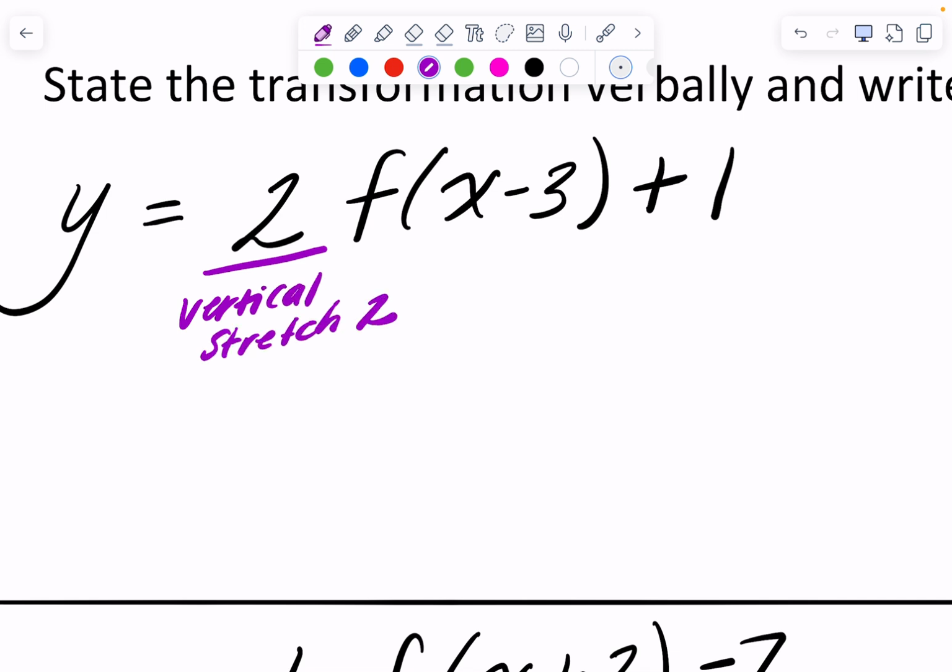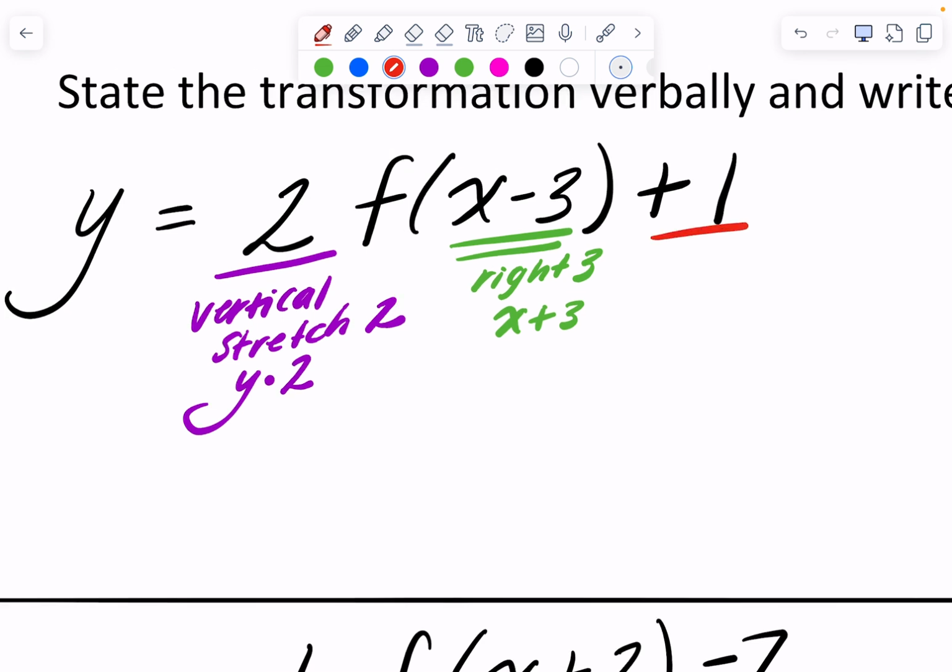And then I write myself a note personally. I'm going to take my y's and times them by 2. This one's right 3. So won't we take our x's and add 3? And isn't this one up 1? So we need to take our y's and add 1.